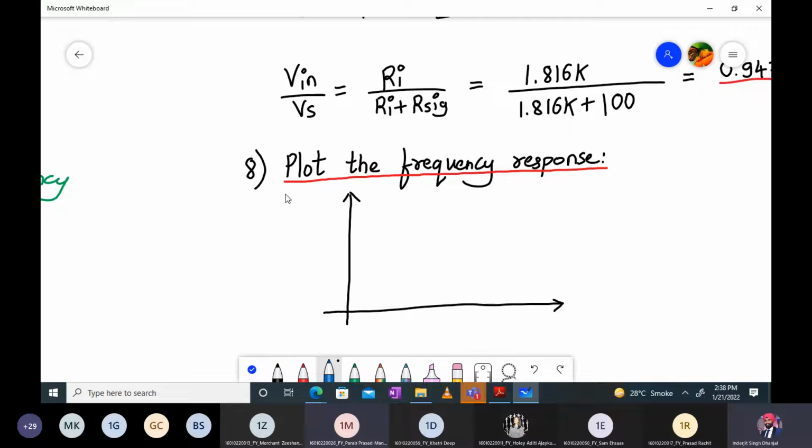Y-axis, what you will write? AV mid in dB, and x-axis you will write frequency, which is log scale, basically, right? And how will the plot look like? Agree? So this is the low cutoff frequency.